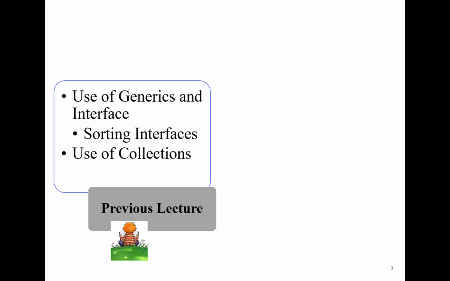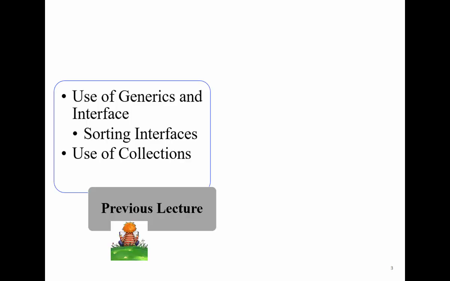Both interfaces are available for us to be used and allow us to sort the objects that we create in our application in such a way that ordering the object, which one is the first, which one is the maximum, which one is the minimum, based on the criteria that we provide on the implementation of the comparator or comparable interface. And also we discuss using the collections.